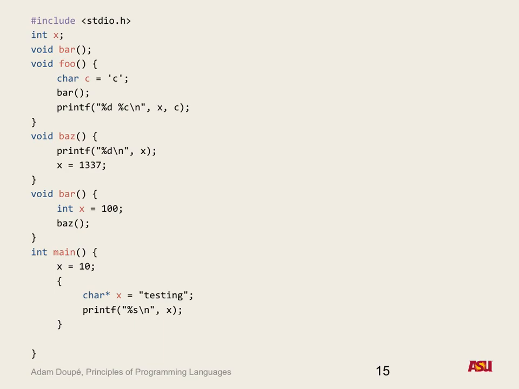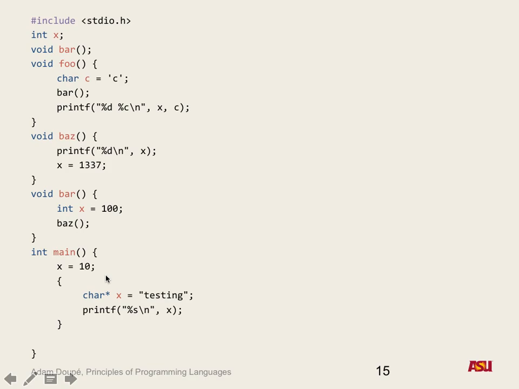So which one should be accessed? The closest one. It's inside the same block. We're going to look first at our local block, where X is. Is there an X declared inside this local block?